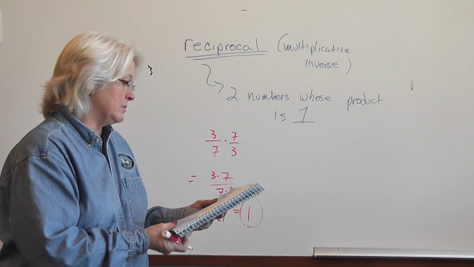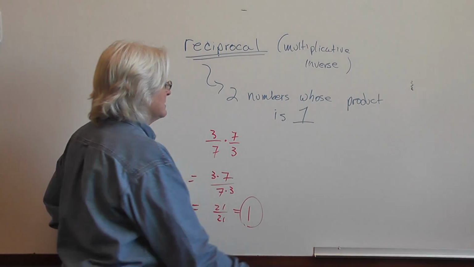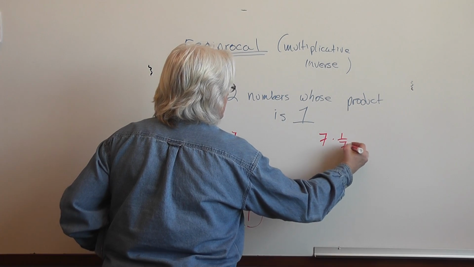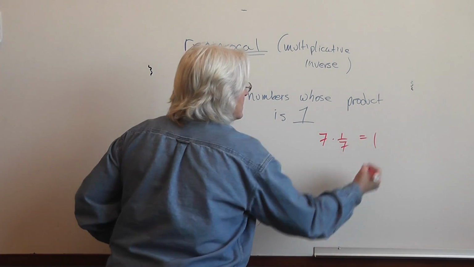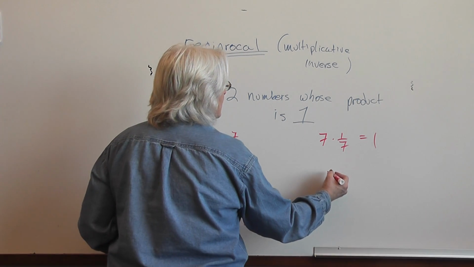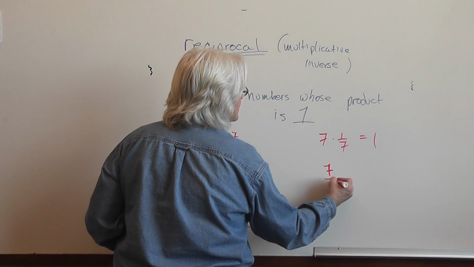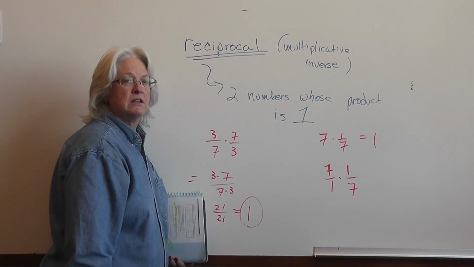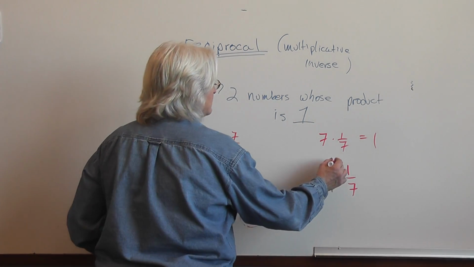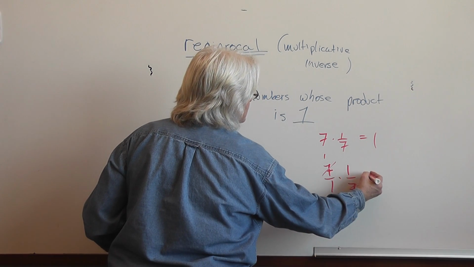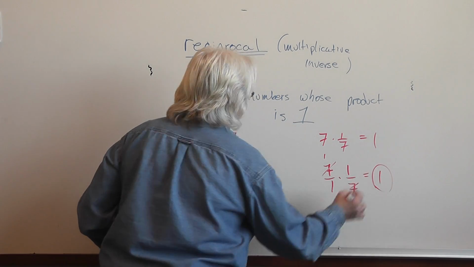It's a good example. Another example of a reciprocal would be 7 times 1/7. And that's equal to 1, because if you write this whole number as a rational number, 7/1, you see that you can cancel common factors here. A factor of 7, 1 times 1 is 1 over 1, which is 1.